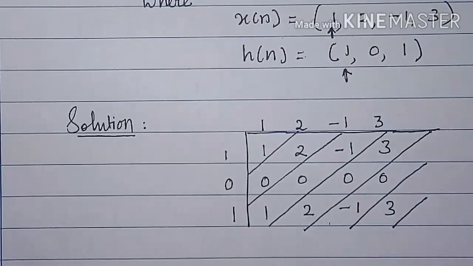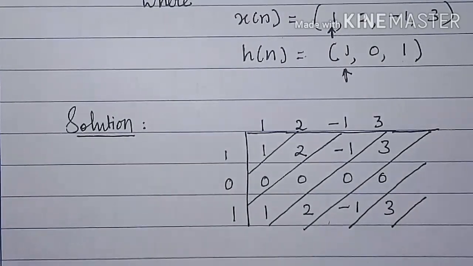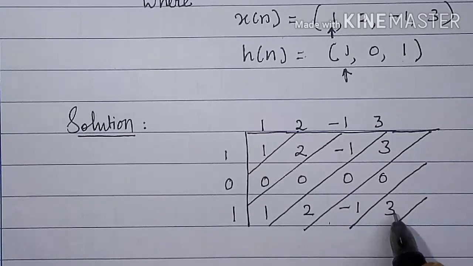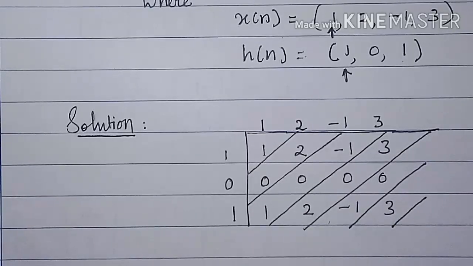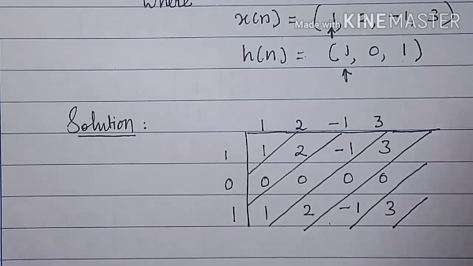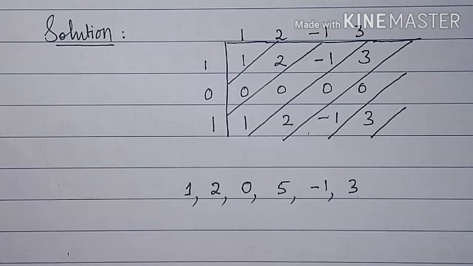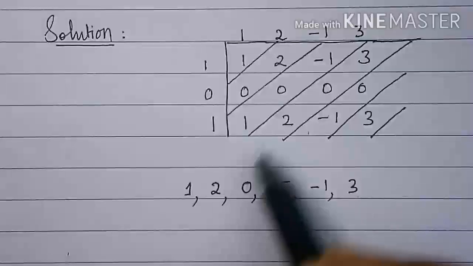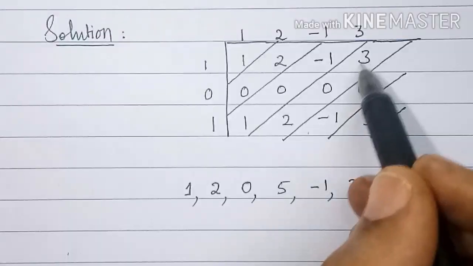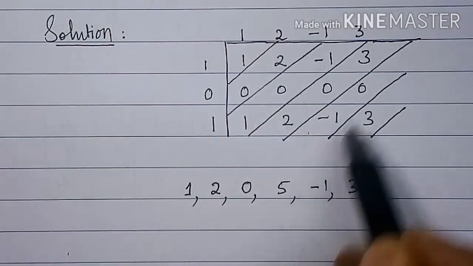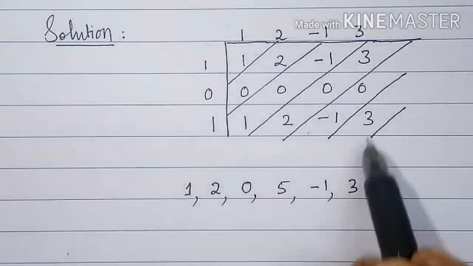Minus 1 plus 0 will become minus 1. Lastly, you are having only 3. So at the end, you will find the numbers added this way: 1 from here, 2 from here, 0 from here, 2 plus 3, 5 from here, 0 minus 1 here, 3 here.